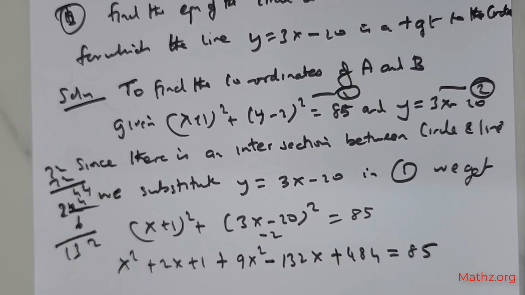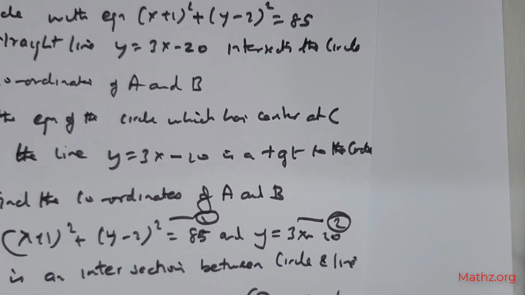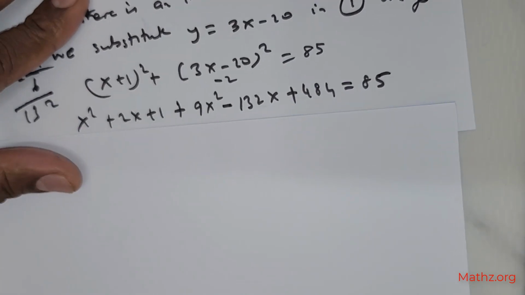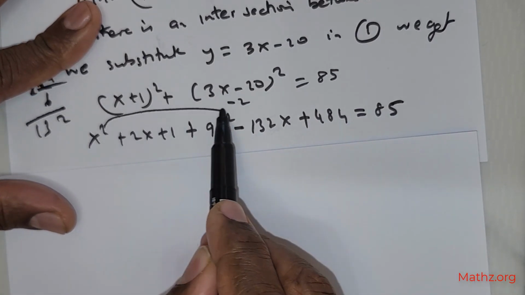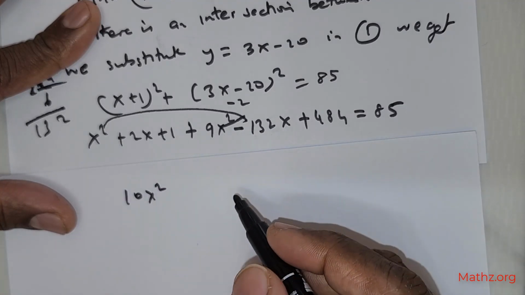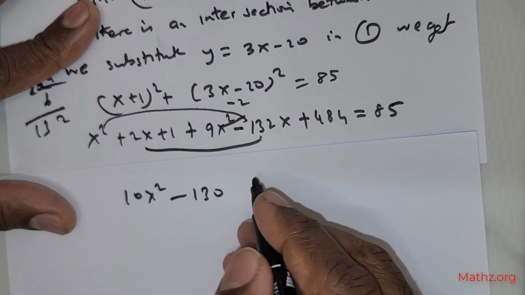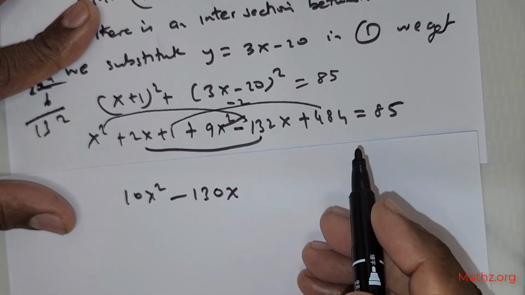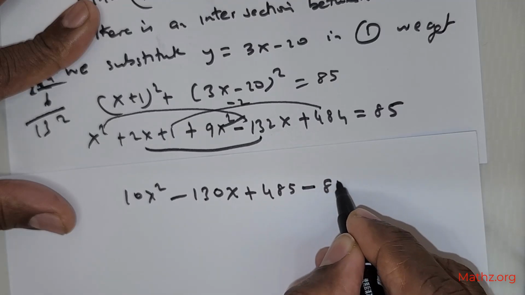So what I'm going to do is I will have to use the next side to perform the simplification. So these two can be added. That would give me 10x squared, and this would give me negative 30x, and these two are added, so that's going to be 485, negative 85.